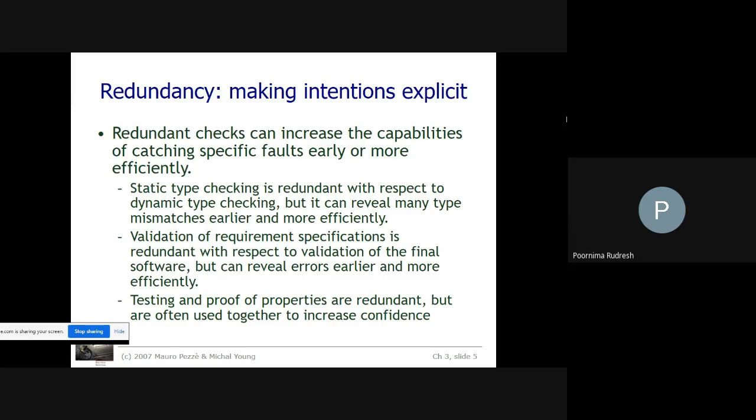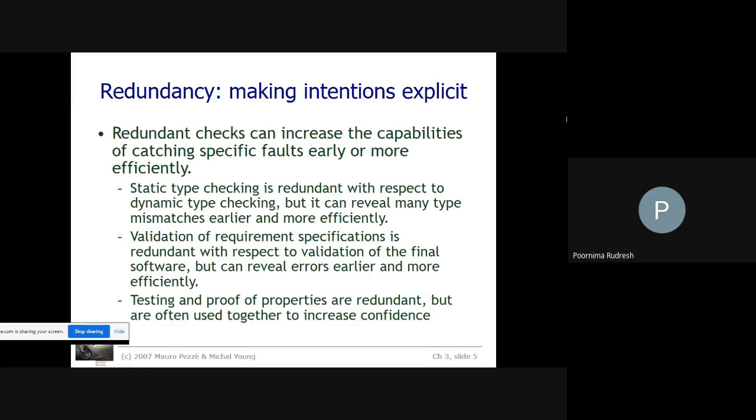And next one is testing and proof of properties are redundant, but they are often used together to increase the confidence. Okay. So testing and proof of properties is another method we are using to check the redundancy of the system. Both testing and proof are used together to increase the confidence of the system development team.